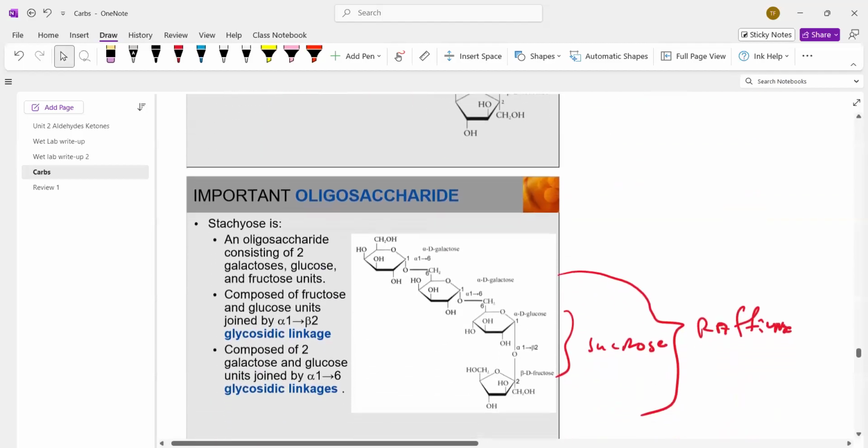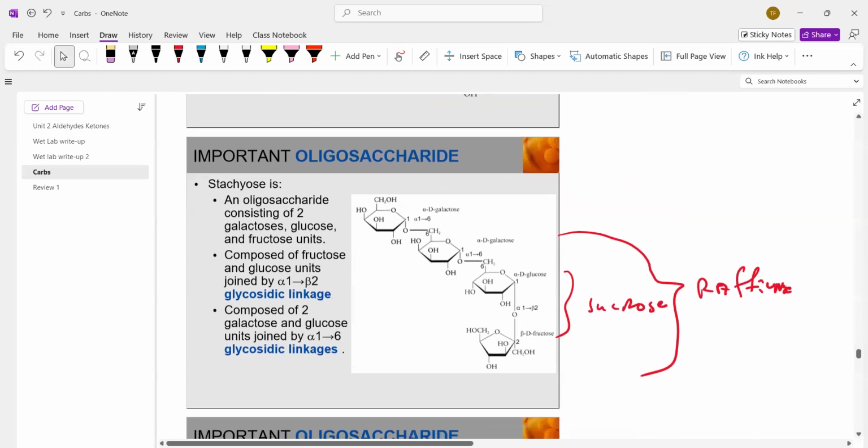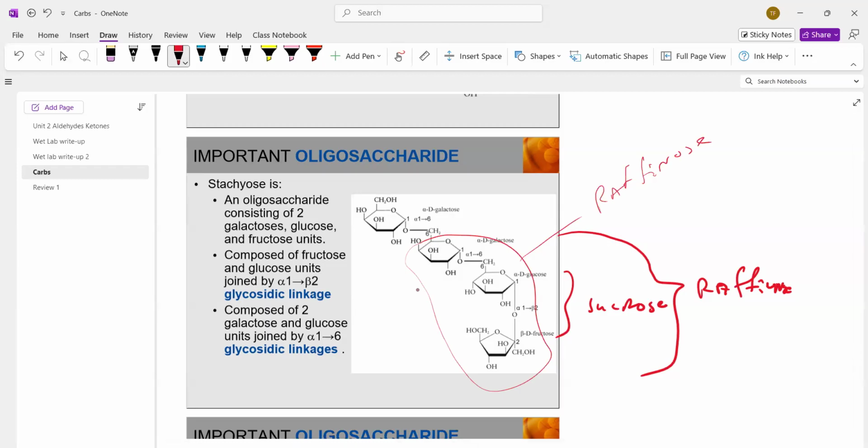Okay, if we add another galactose on there, we end up with something called stachyose. And so we have raffinose, so this part here is raffinose. Add on another galactose, and we have stachyose. So we have two galactoses, one glucose, one fructose.